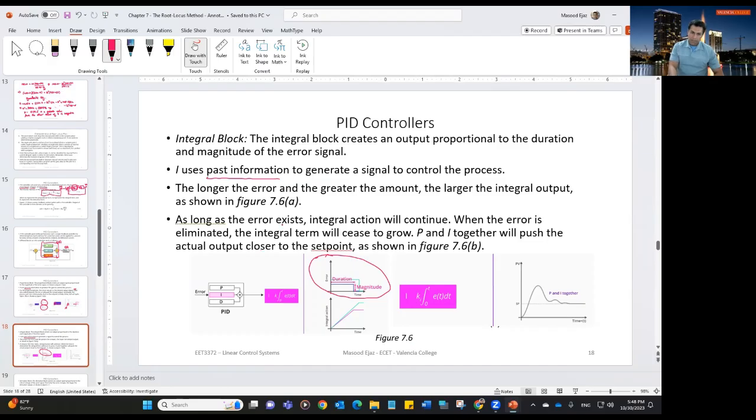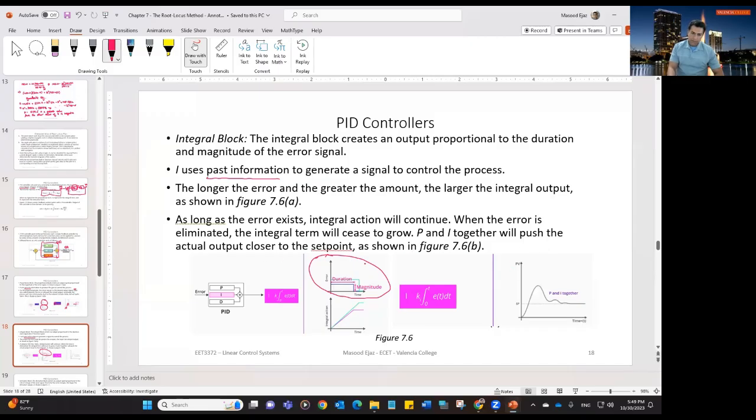As long as the error exists, integral action will continue. When the error is eliminated, the integral term will cease to grow. Of course, as we can see, it becomes constant when there is no error, like you do in the integration.